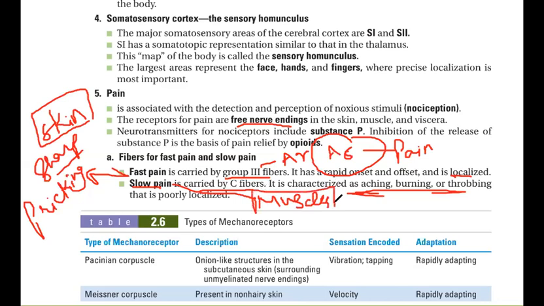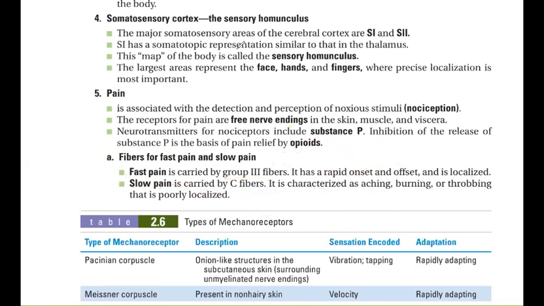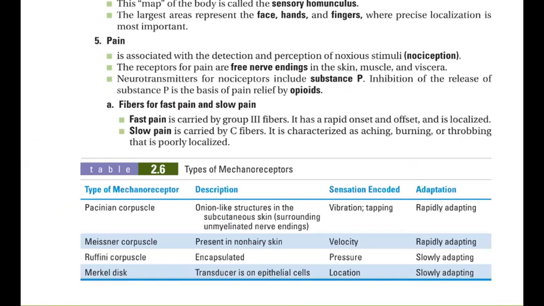So if your muscles are destroyed, for example in a crush injury or blunt trauma, or the throbbing pain in your cardiac muscle, or the aching pain, which is the sensation from the viscera to the muscle, the aching pain in your epigastrium. All of these are slow pain, but the problem is in the muscle. In the fast pain, the problem is in your superficial epidermis, in your skin, your stratum basale, basically. So please remember these things.